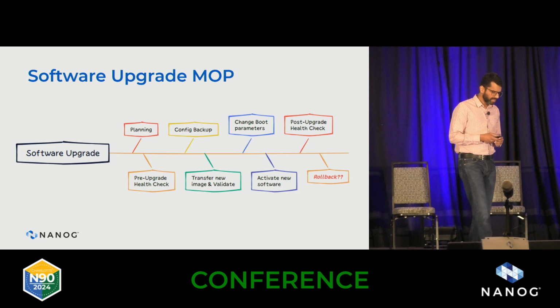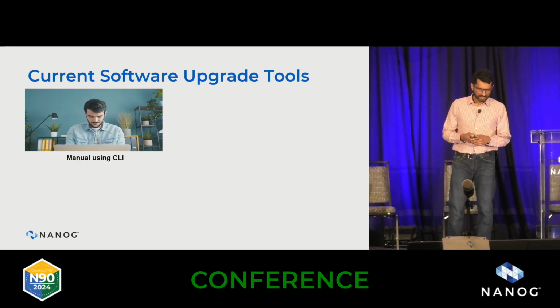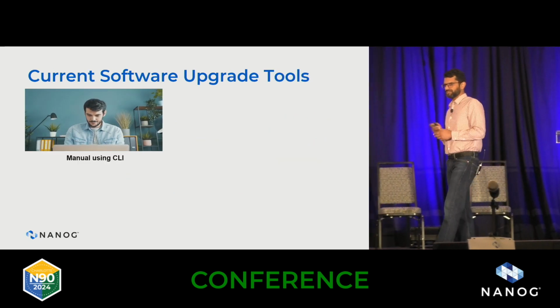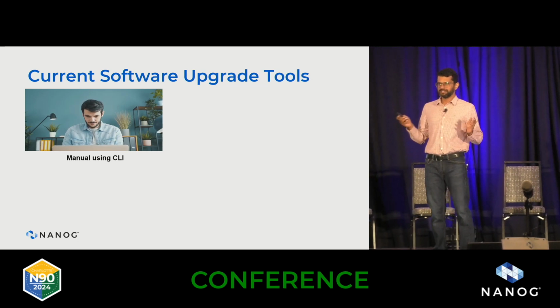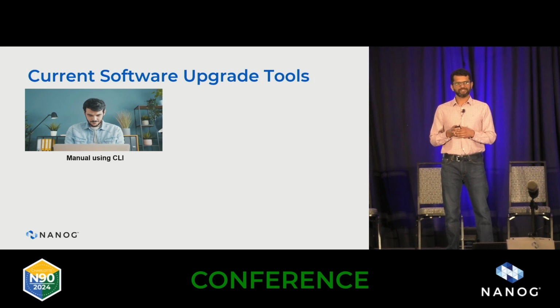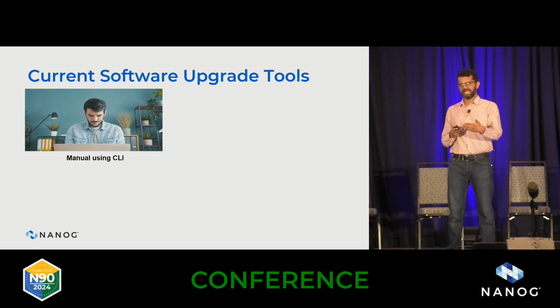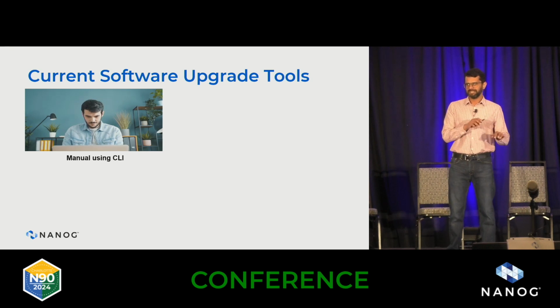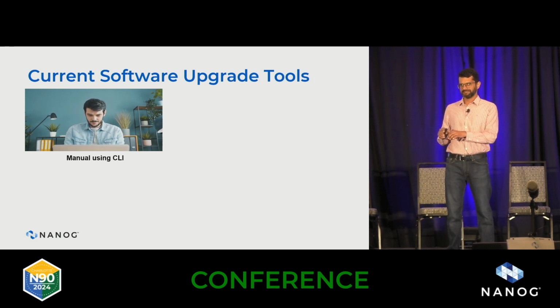Now let's look at some of the tools available today to do the software upgrade. The most common tool that all of us are familiar with is the good old CLI. This is where the engineer sits in front of the CLI, looks at the MOP, and punches in the CLI commands for the upgrade. These commands are vendor specific commands.